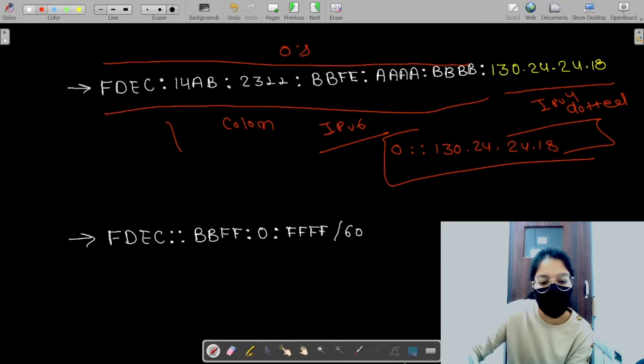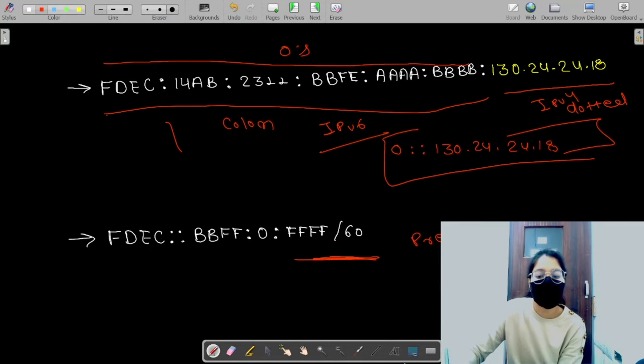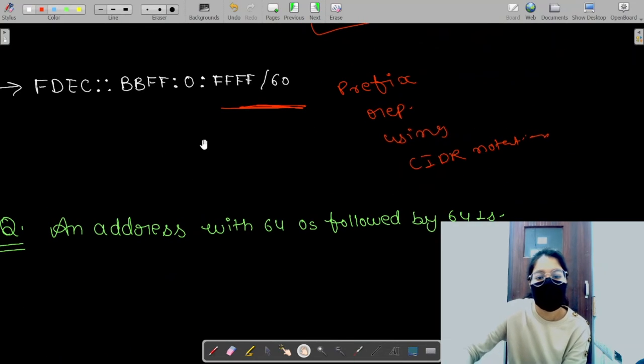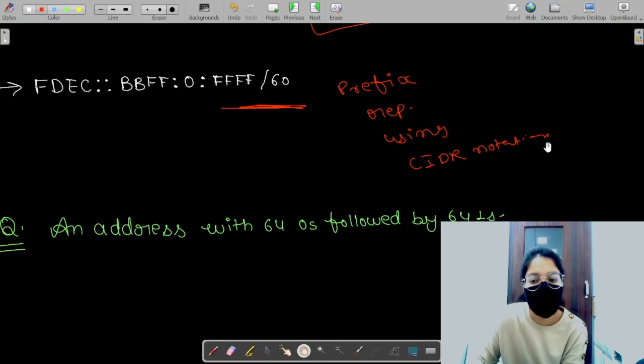Here we can see this is a 60-bit prefix representation using CIDR notation.